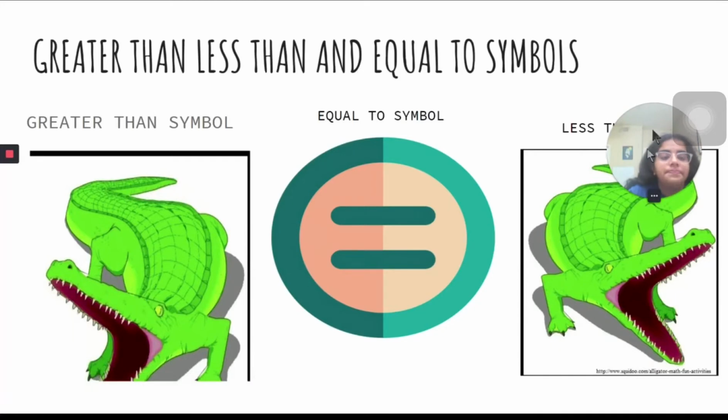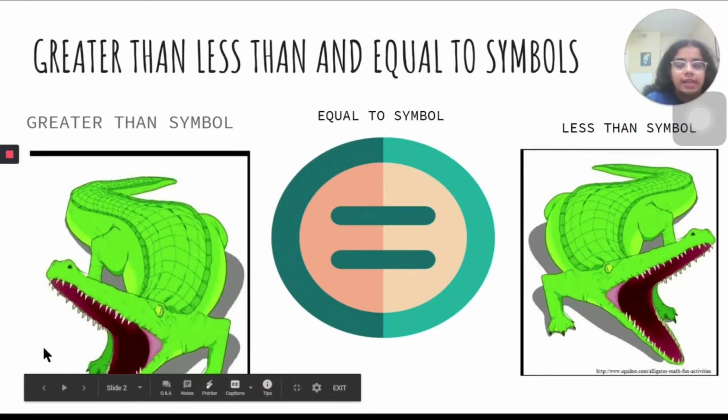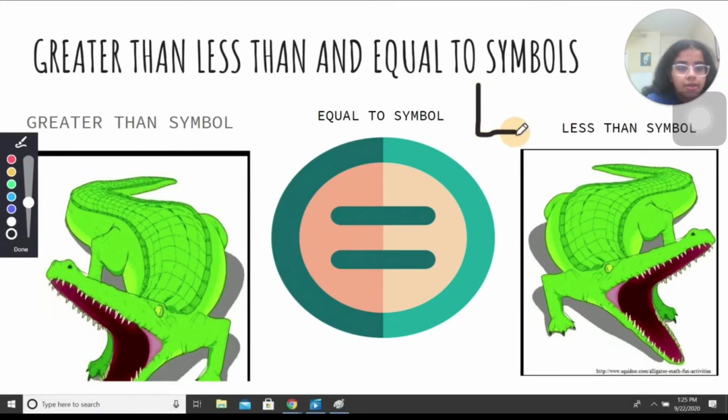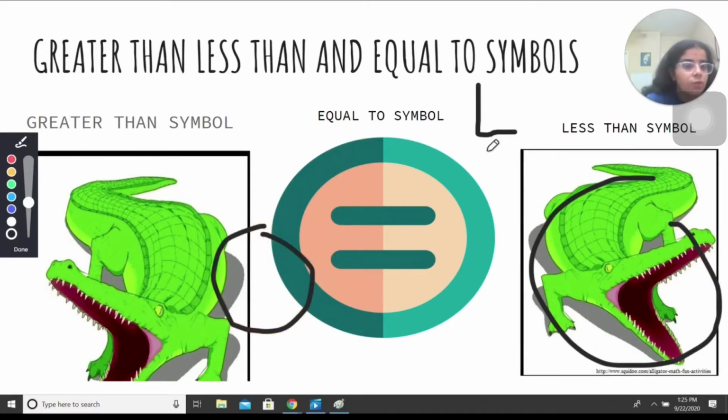So, this is what a greater than sign looks like, a less than sign looks like, and an equal to sign. One way that you could think about this is that if there's an L put up here, then this is more similar to an L than this one.